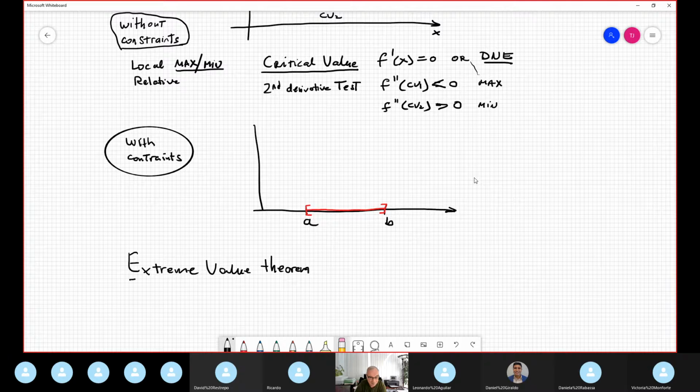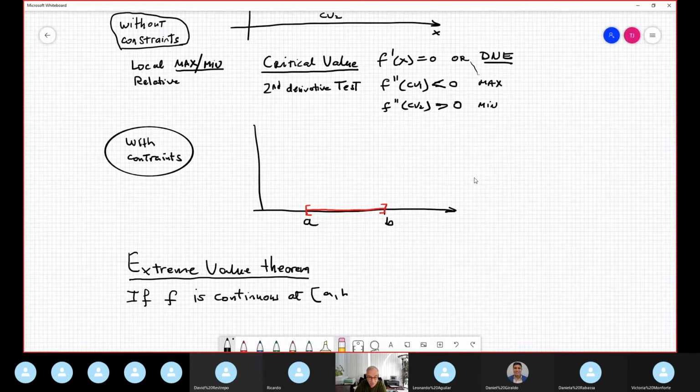This theorem says, if our function is continuous on a closed interval [a, b], then there exist both a max and a min.